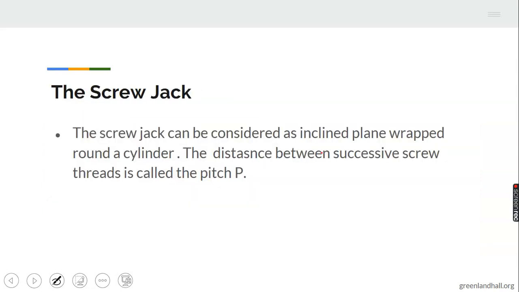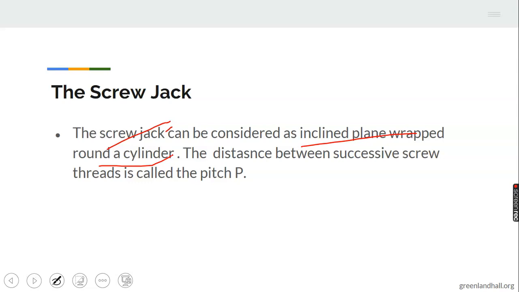Now, we want to look at another type of machine, which we call the screw jack. The screw jack is very important. A screw jack can be considered as an inclined plane wrapped round a cylinder. A screw jack always has what they call threads.